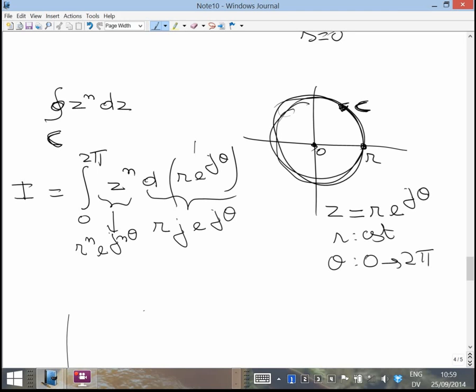So this is how we replace our complex argument z by something where only a real parameter theta changes. If we now combine this, we have j r to the power of n plus 1, which is a constant, so we can bring that nicely out of our integral. We still have an integral from 0 to 2 pi of exponential j (n plus 1) theta d theta.